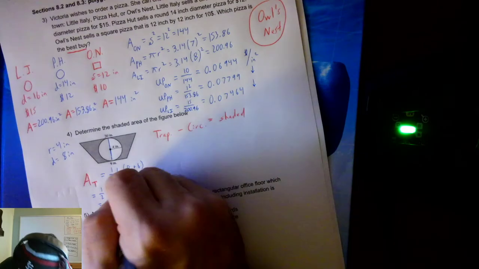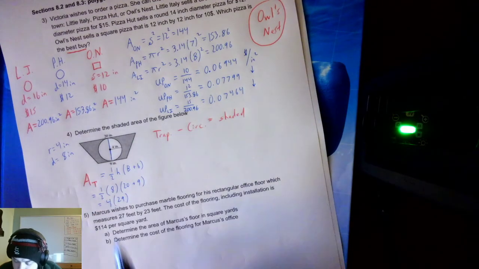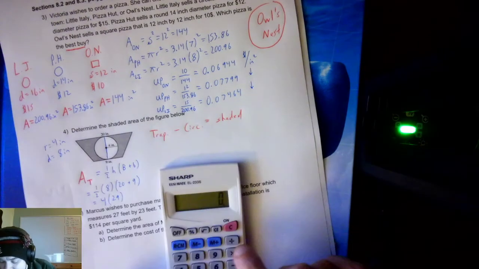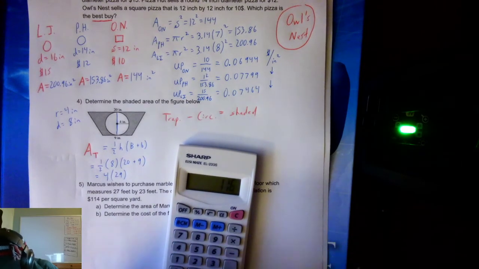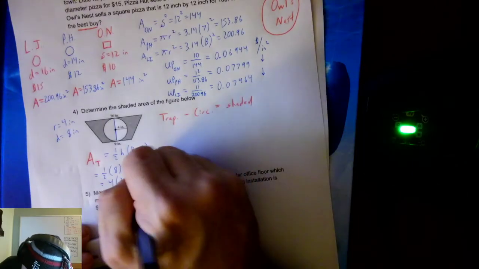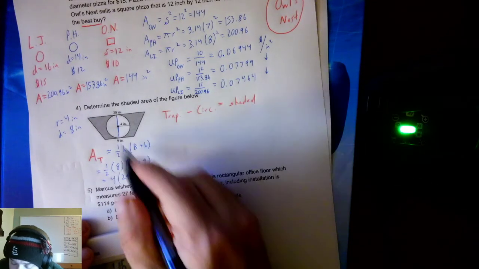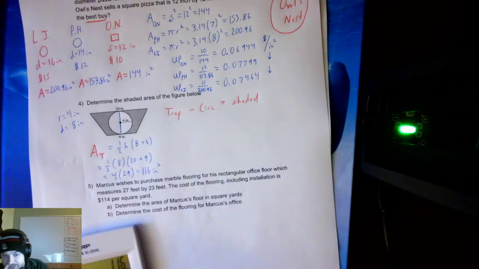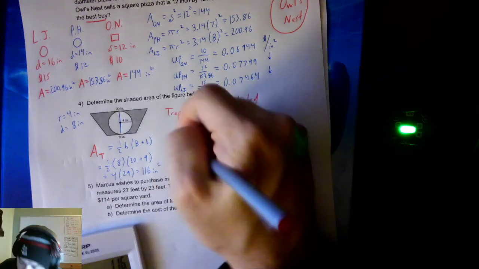That's 4, and in the parentheses I'll get 29, right? 4 times 29 is going to give me, what, 116? Yeah, 116. So the area of the trapezoid is 116 inches squared, right? It's an area and it was measured in inches, so it would be inches squared. So that gives me the area of the trapezoid.